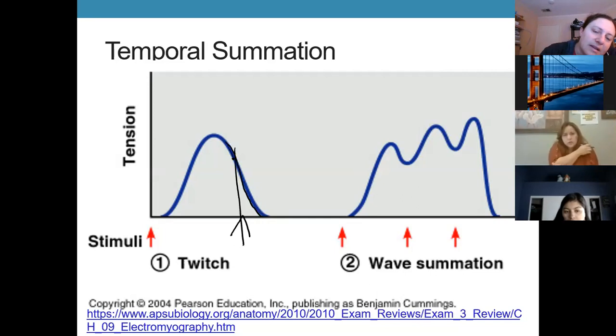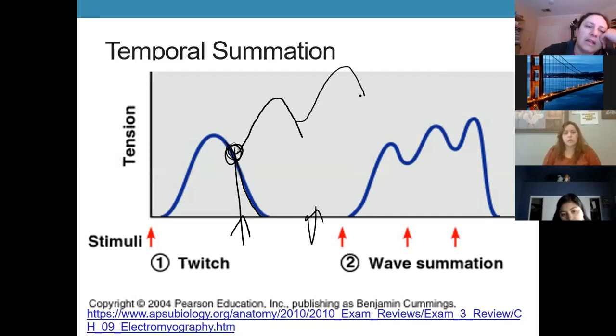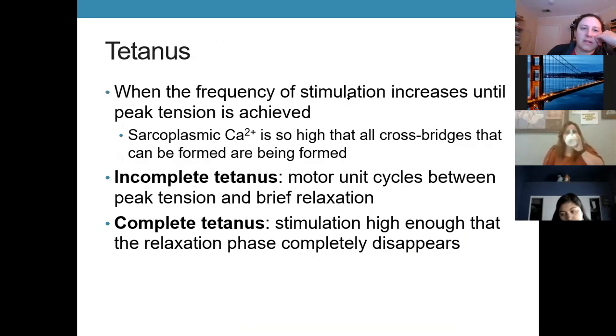Subsequent twitches, instead of starting from 0, are now starting from having already generated some tension, and so it ends up adding together. If we keep doing that, we keep increasing the amount of tension generated. Now there's a limit to that. We can only do it for so long because there is a peak level of tension that can be achieved with a certain number of cross bridges.